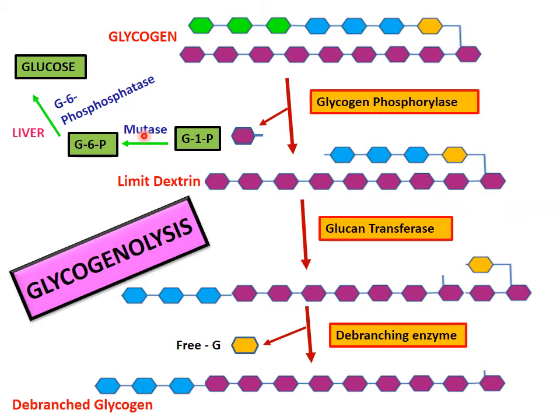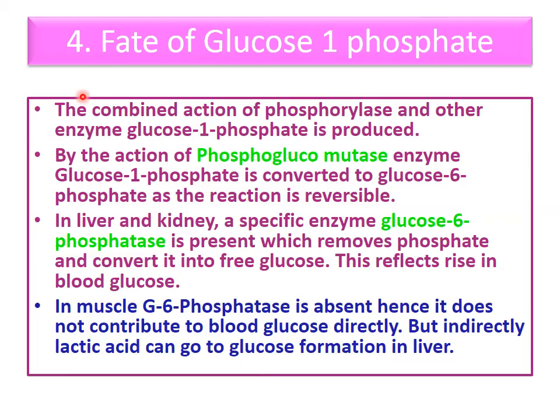In liver, this glucose 6-phosphate is converted into glucose, because glucose 6-phosphatase enzyme is present only in liver. We have seen that glucose 1-phosphate, in the presence of mutase, is converted into glucose 6-phosphate, and this glucose 6-phosphate, in the presence of glucose 6-phosphatase, is converted into free glucose.